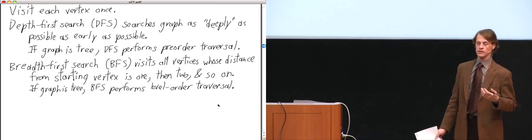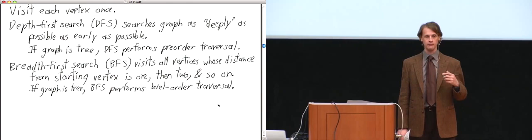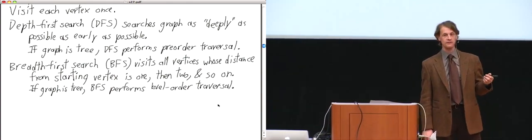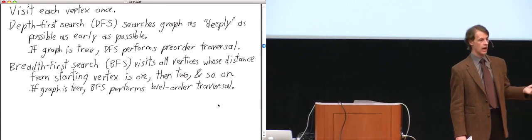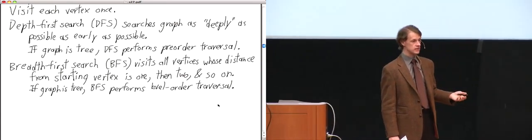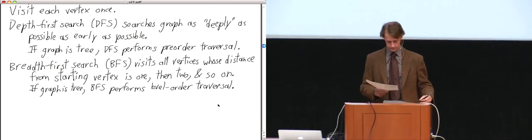So for each vertex in the graph, we are going to have a Boolean, or what we call a flag, called the visited flag, that tells us whether or not this vertex has already been visited or not. And if it has been, we don't visit it again.